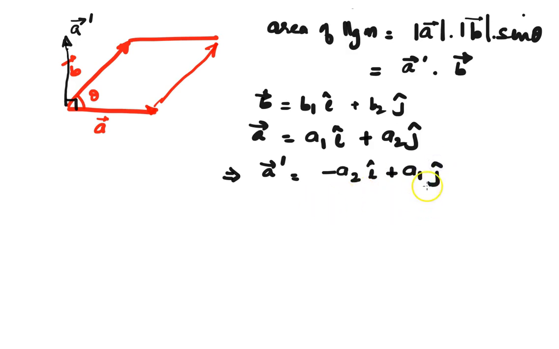We just proved this, and therefore the area of the parallelogram is equal to this vector dot product with this vector, right?